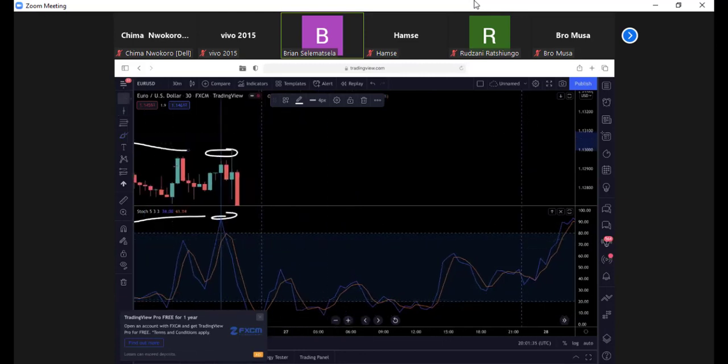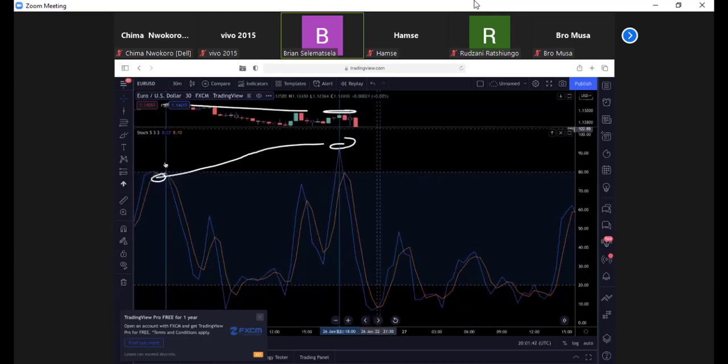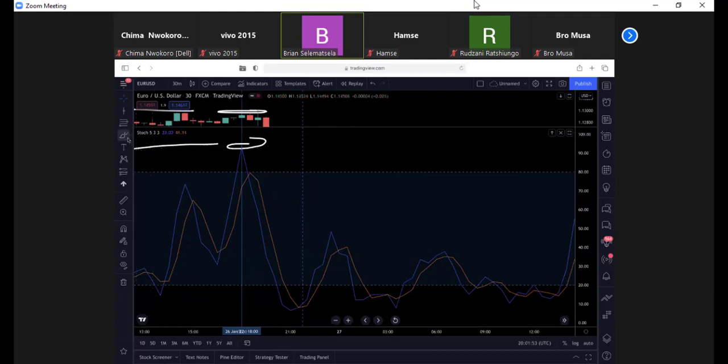And after that, the final thing that you'll have to do to confirm whether you'll be buying or selling the trade is the crossing over between the two stochastic lines, meaning when one line crosses the other line, that's when you start piling up your trades. That's when you start making entries from there.